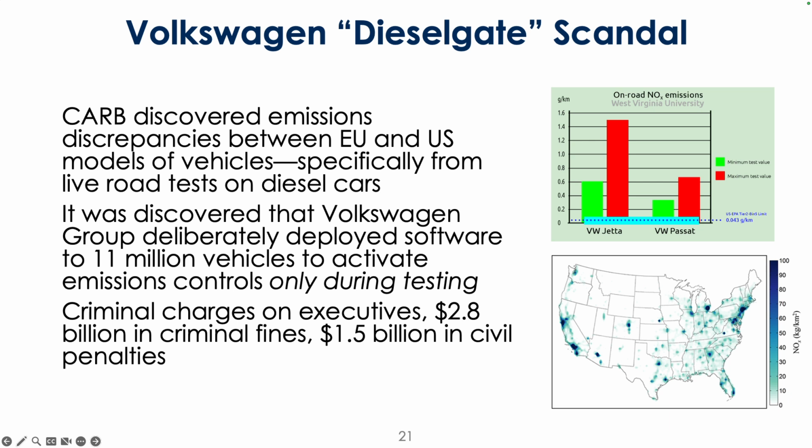Actually, our Institute of Transportation Studies at Davis was the one that actually got the Air Resources Board and Volkswagen in the same room to hash this out. So little claim to fame for some of the researchers at Davis.